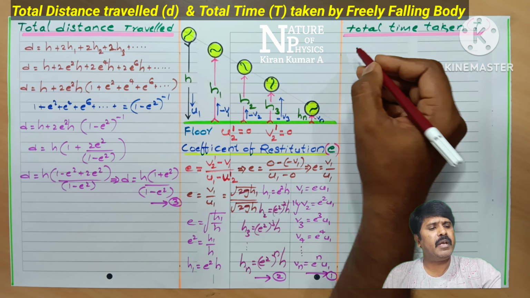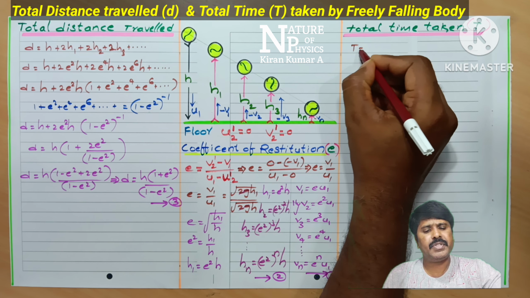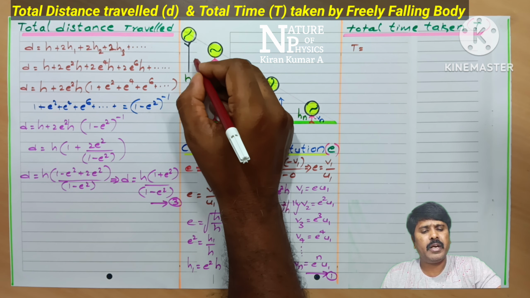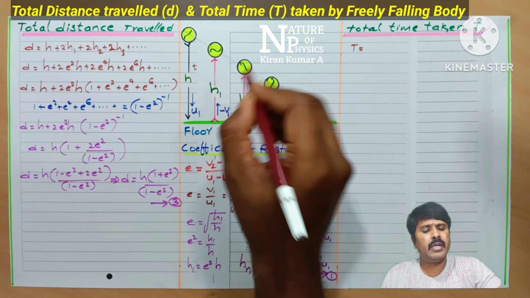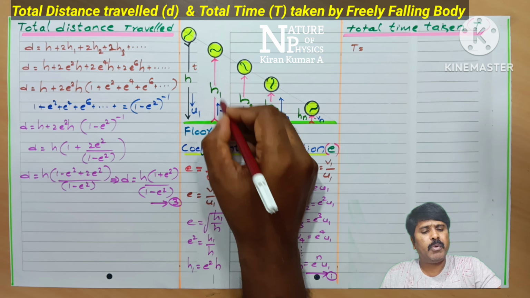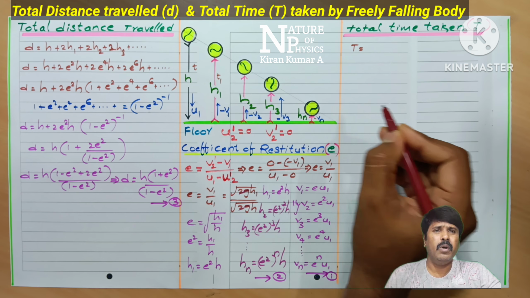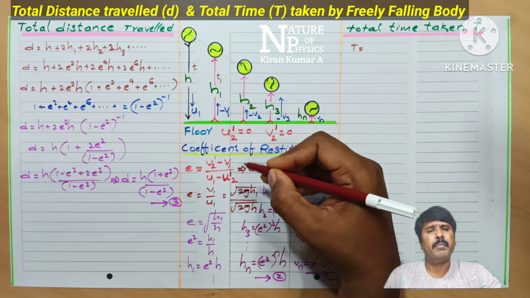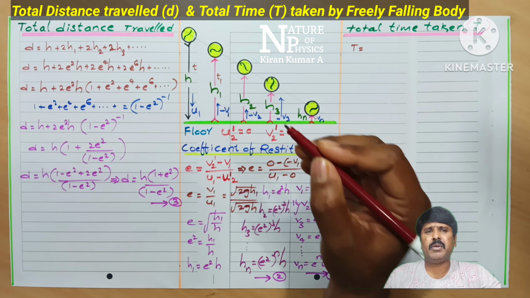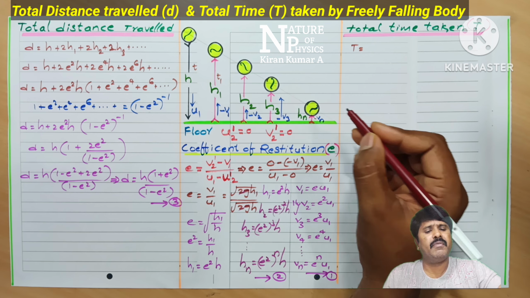So total time taken is capital T, which is equal to downward direction time taken is t, student, and here first rebound's height time taken t1, and downward direction also time taken is t1. Because of vertically upward projection body, time of ascent is equal to time of descent.